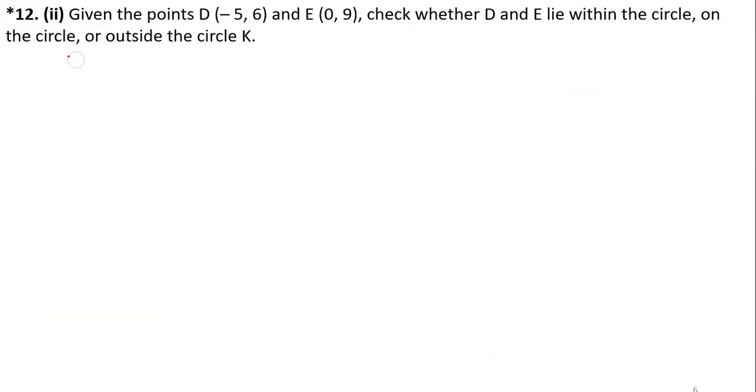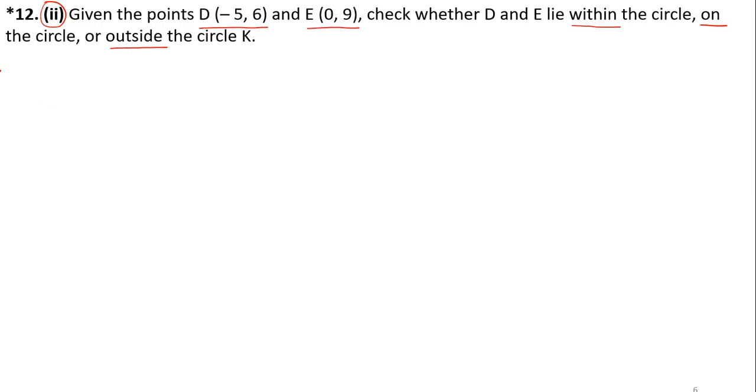Now, so here we will see 12th main second sub question. Given the points D and E, check whether D and E lie within the circle. Okay, so we have to check whether these points lie within the circle, inside the circle, or on the circle, means on the circumference, or outside the circle K. Okay, so we have to check where this point D is lying with respect to the circle, and this E point also.